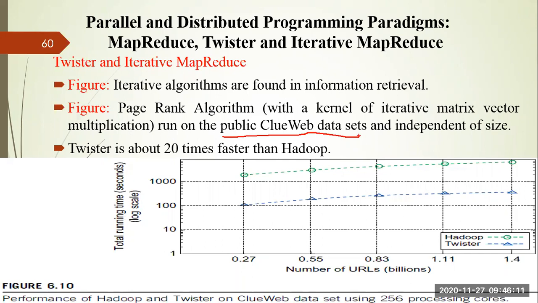So we are comparing one paradigm with another in order to say which one is better in which case, nothing else. This is a case study kind of thing. No need to remember these things, right? Only see which application Twister is better for, which application iterative MapReduce is better for, right?